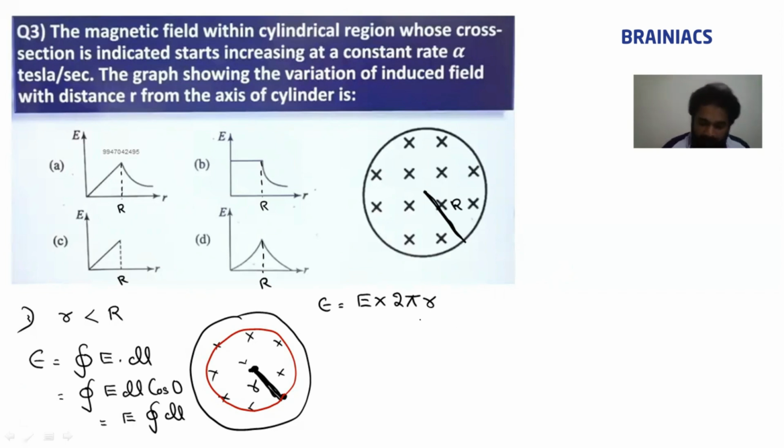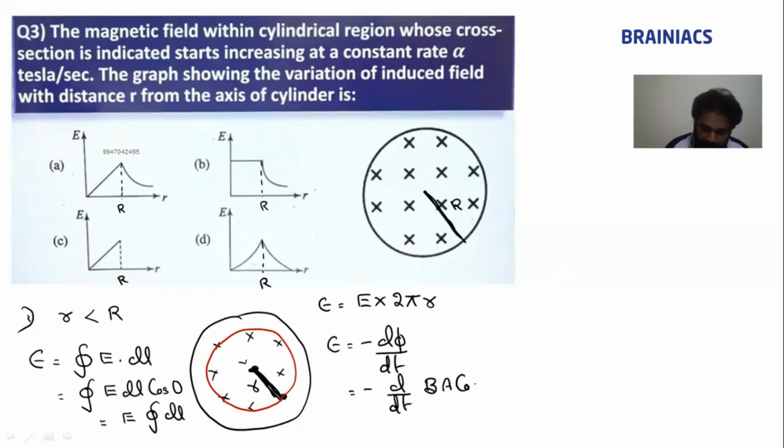So that is one method of finding EMF. Another method is EMF is equal to minus d phi by dt. So this is equal to minus d by dt of BA cos 0. B is changing here. So A, if we take out, dB by dt.